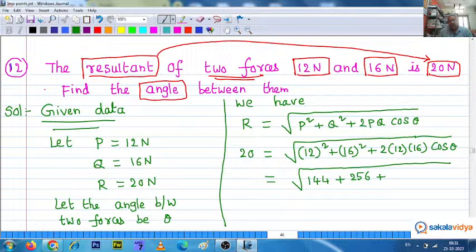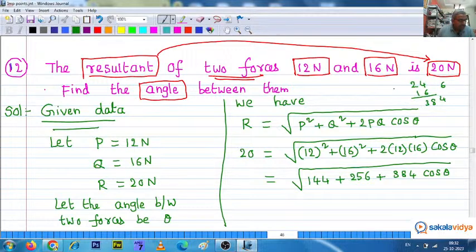Plus 2 into 12 is 24, multiplied with 16: 16 times 4 is 64, 16 times 2 is 32, 32 plus 6 is 384. So we can write 384 cos theta. Clear?